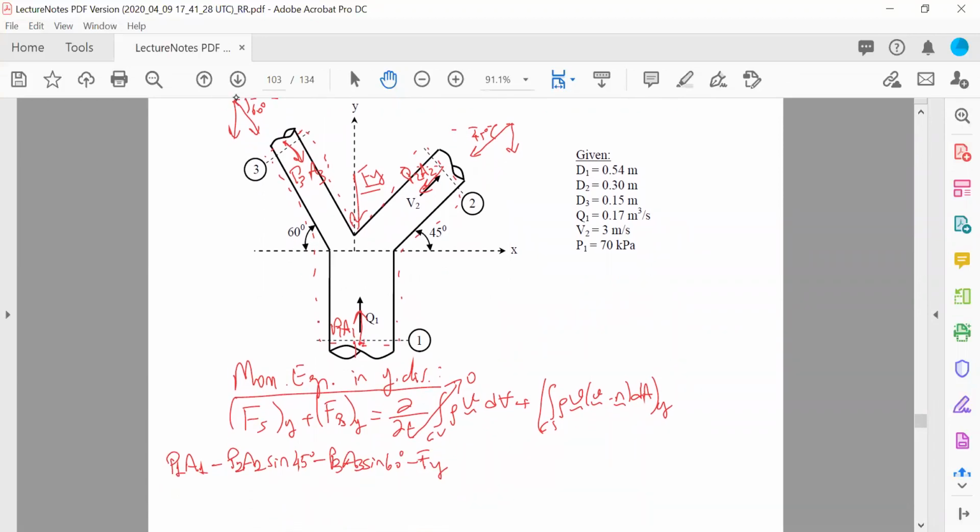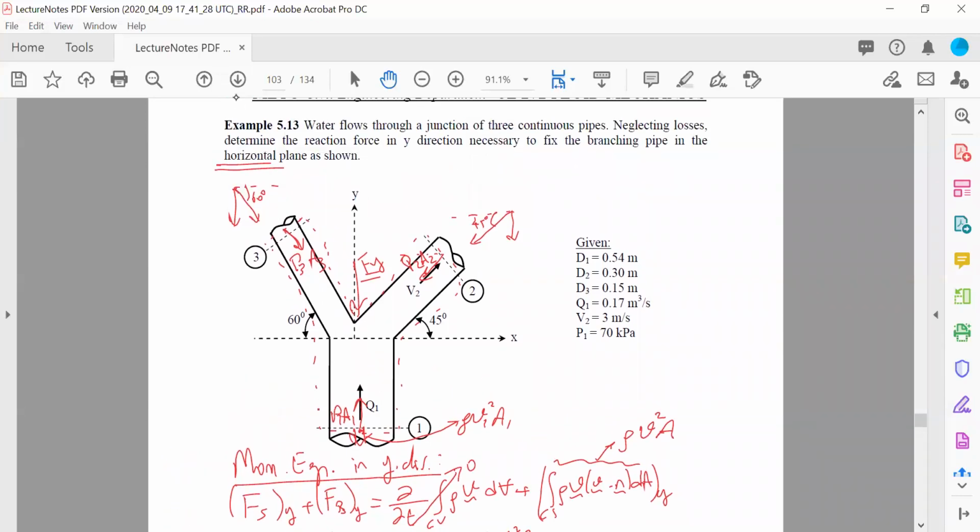Momentum fluxes are always pointing outward from the control volume, and as velocities should be defined as constant velocities, this term drops to rho v square a, so that the momentum flux at section 1 will be rho v1 square a1 in the negative y direction, minus rho v1 square a1.